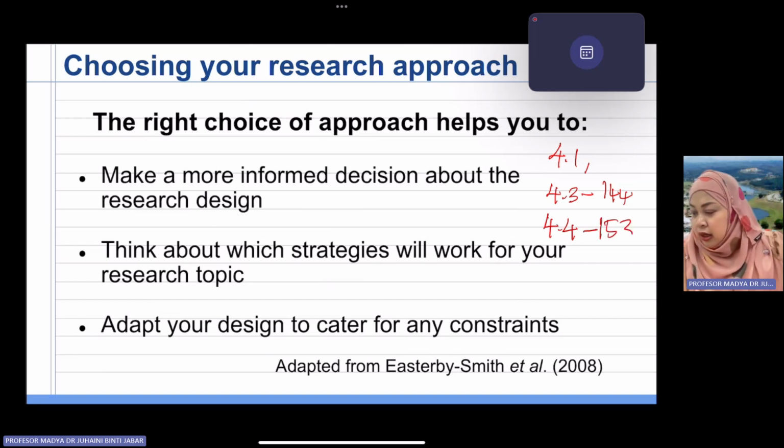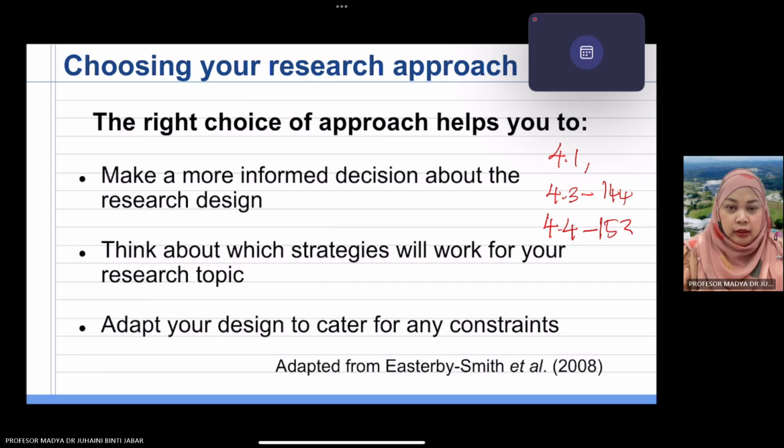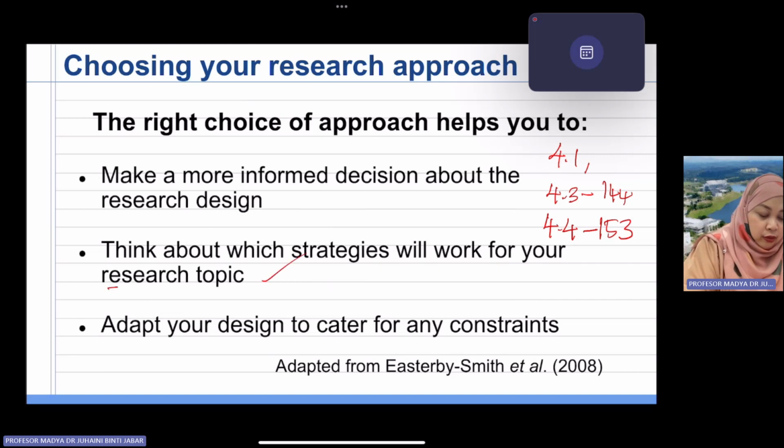It shows the difference between deduction, induction, and abduction, how they differ from each other and how you can choose the right one. So after you have looked into the chapter and have a good read about it, think about the strategies that will work for you and your research topic.